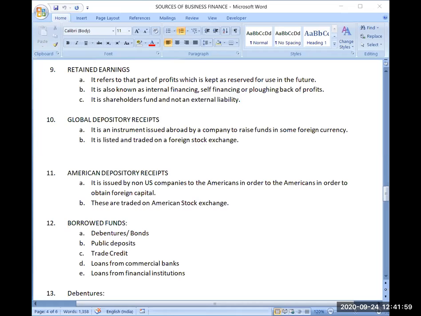So if some company wants to raise its funds in some foreign currency, for that purpose they will be issuing their global depository receipts in abroad countries, and it should be listed on some foreign stock exchange. If you have any query regarding global depository receipts, you can ask.